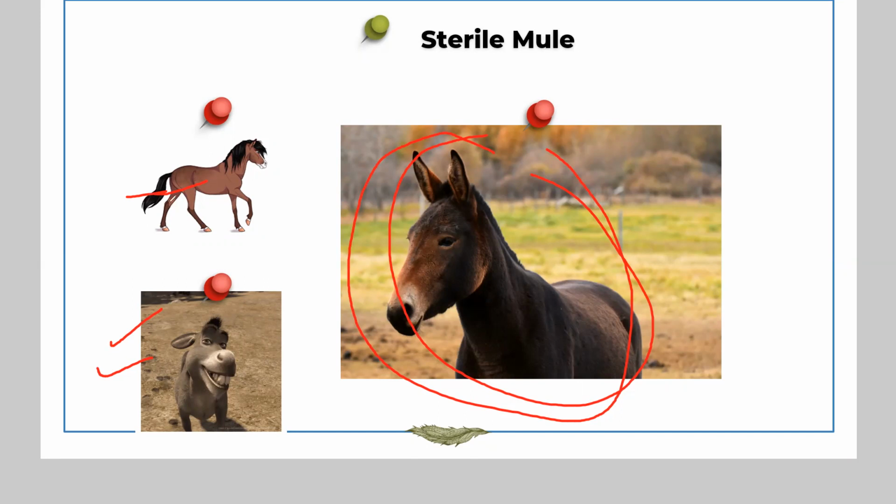So when they mate, they give us a mule, a sterile mule, and sterile means it can't reproduce, it can't have little babies. So when a donkey mates with a horse, they give us a sterile mule, and the sterile mule cannot reproduce.